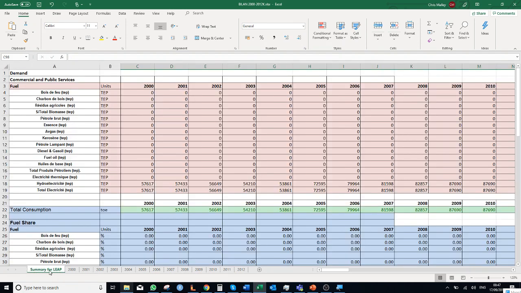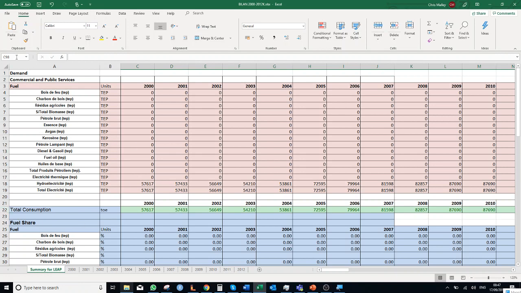In the sheet summary for LEAP, I've then taken the key statistics in terms of energy consumption that we need for each sector and put them into a format that allows us to enter them into LEAP.